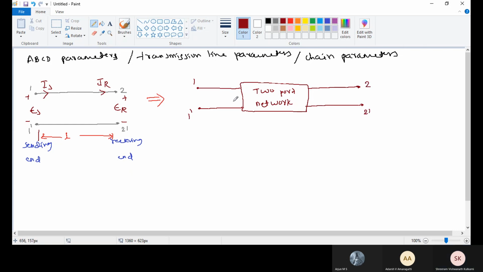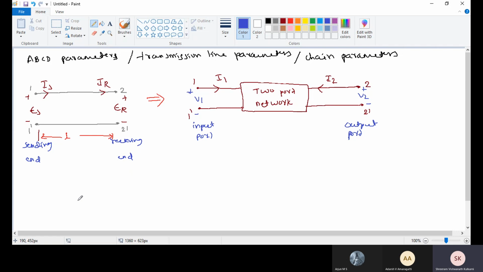But in two-port networks, I1 is flowing into the network, I2 is also flowing into the network. Plus minus V1, plus minus V2. Now this is the input port, this is the output port.